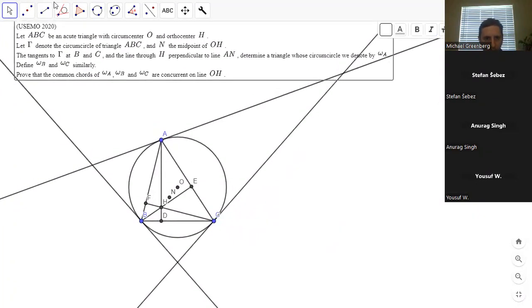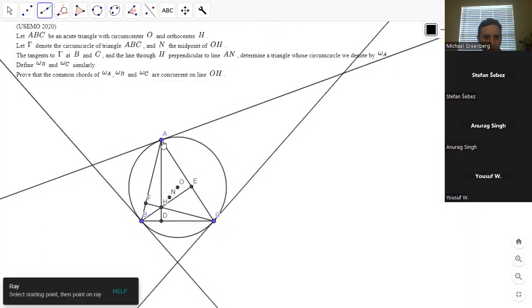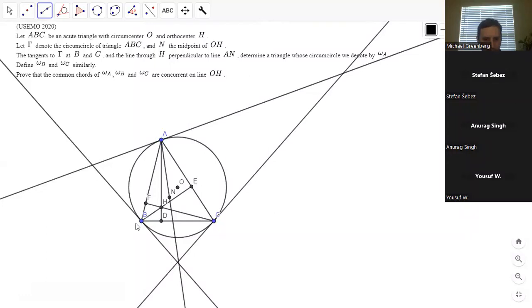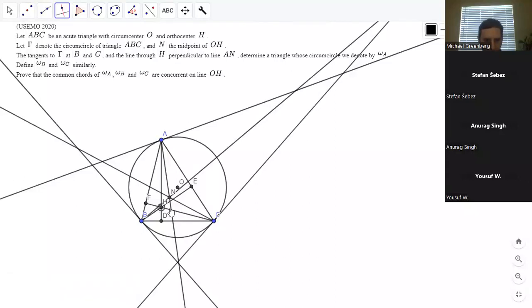And the line through H, so we draw AN, BN, and CN. And so we draw the line through H perpendicular to those 3. So we'd get like 3 triangles, and then we'd want to look at their circumcircles.